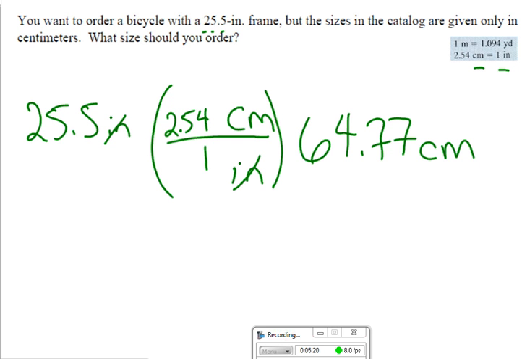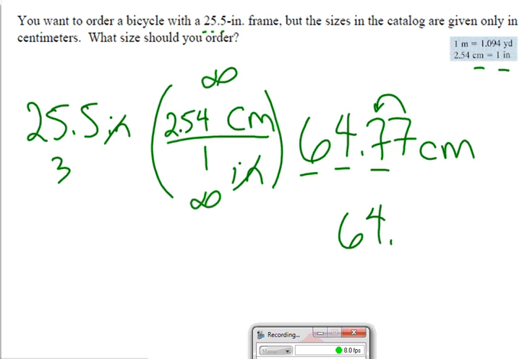I have 3 significant figures in my answer. All the numbers in the conversion factor have an infinite number of sig figs, and 5.5 has 2 sig figs, so my answer can only have 2. 1, 2, 7 pushes the other 7 up. 65 centimeters.